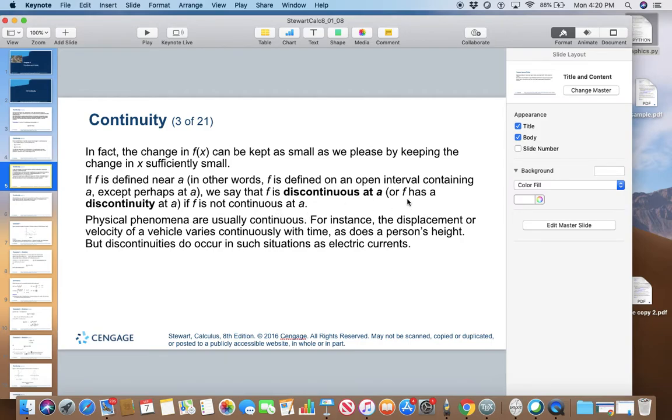Another way to say it: f has a discontinuity at a. Physical phenomena are usually continuous. For example, the displacement or velocity of a vehicle varies continuously, as does a person's height. But discontinuities do occur in such situations as electric currents. Okay?